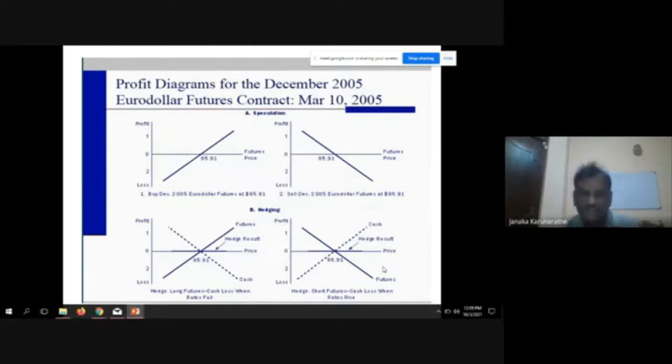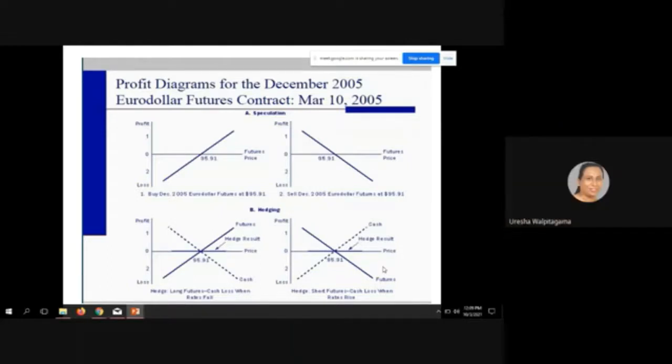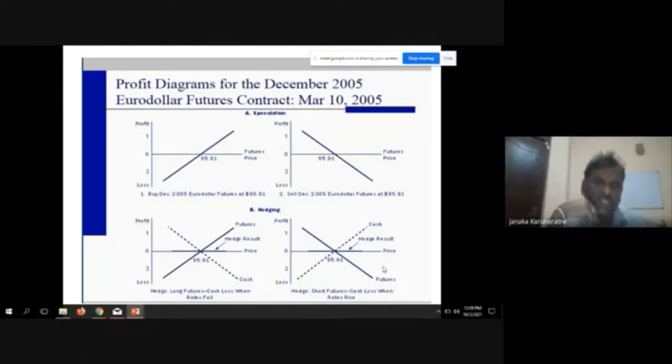What is the futures rate? Can someone tell the future interest rate? 4.09. Yeah, 4.09 is the yield, the futures rate.